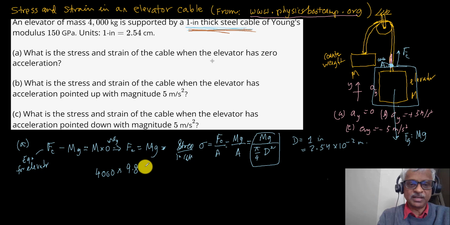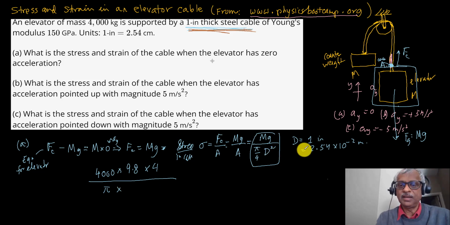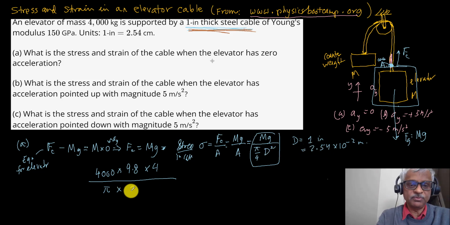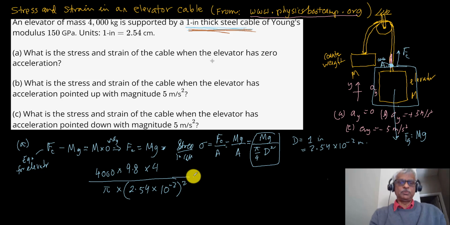You flip this, so you get 4 on this side, divided by pi, and d is 2.54 times 10 to the power minus 2, squared.